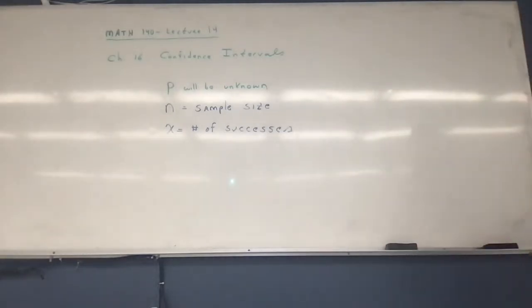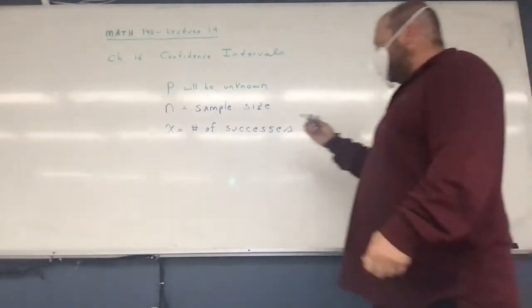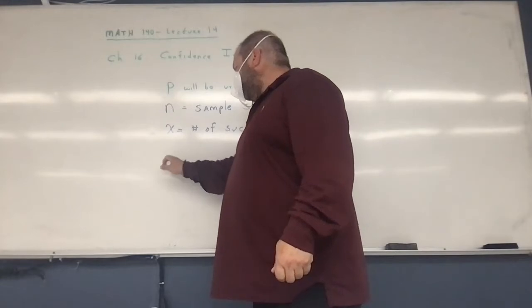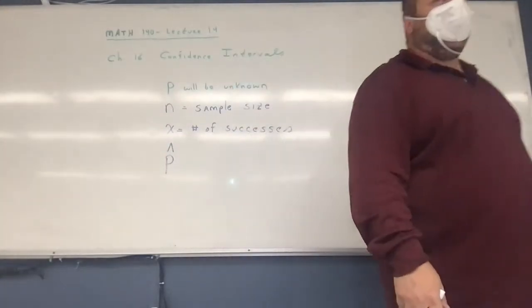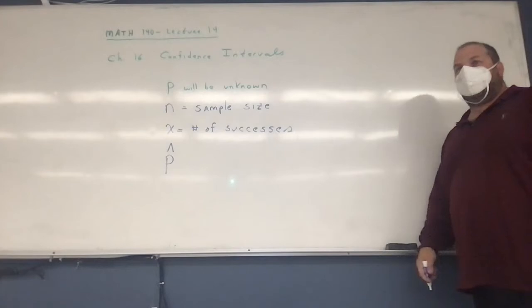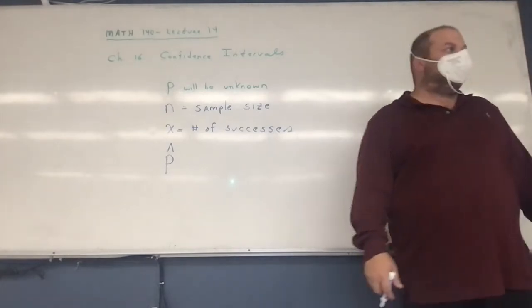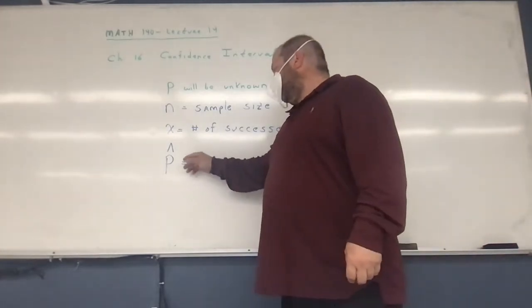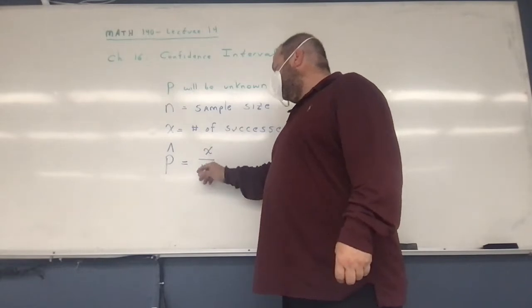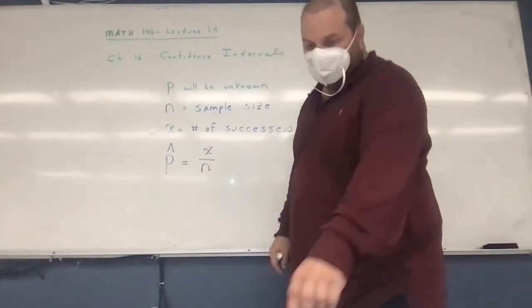That's a success. So what do we calculate? We calculate P hat. What is P hat equal to? It's equal to X over N. That's mathematical. The number of successes divided by the number of trials.